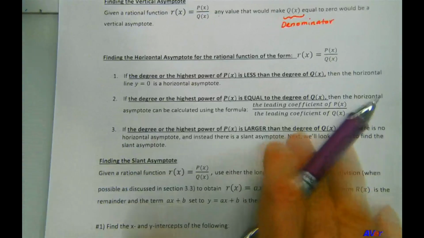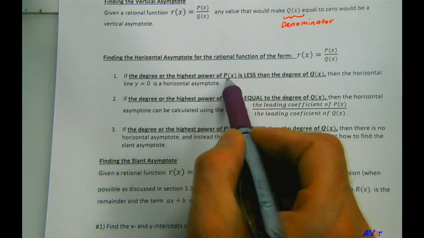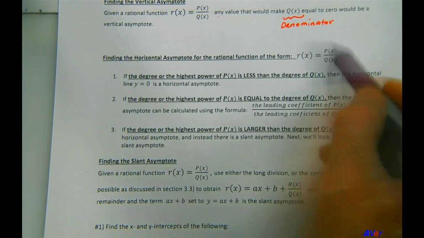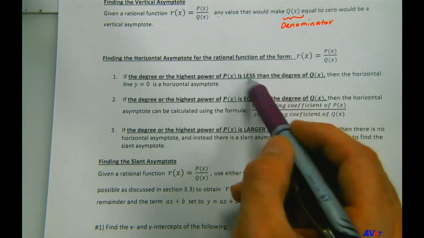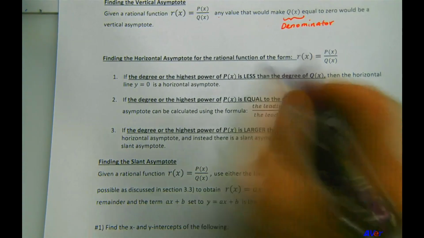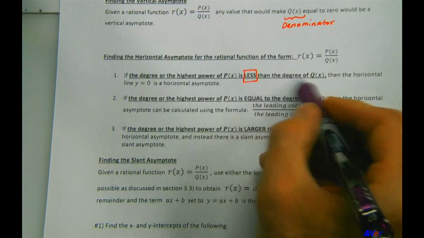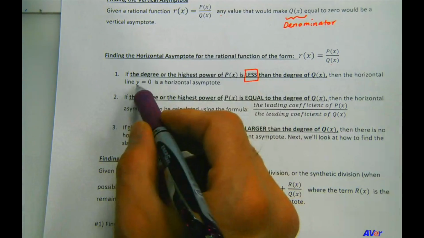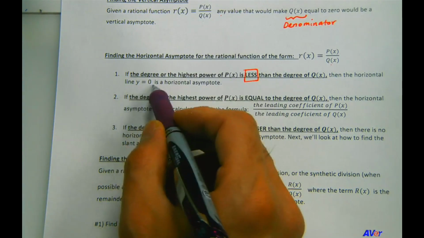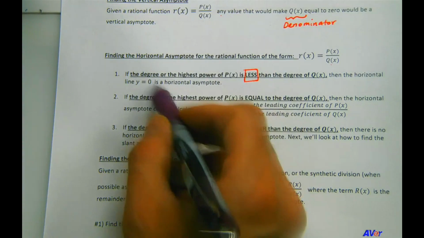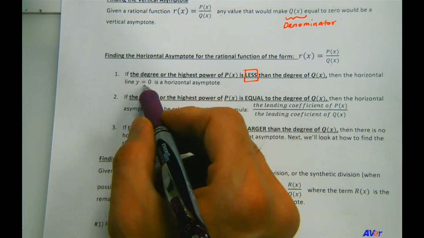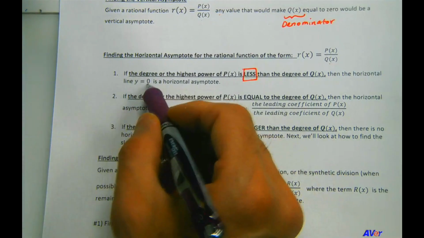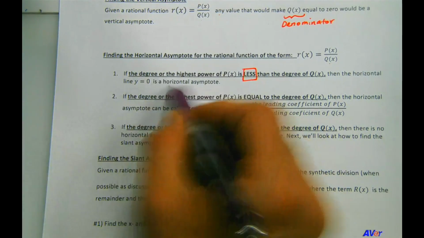If the degree, or the highest power, of p of x, the polynomial in the numerator, is less than the degree of q of x, the polynomial in the denominator, then the horizontal asymptote is always y equals 0, which is the x-axis. Y equals 0 is the equation of the x-axis.